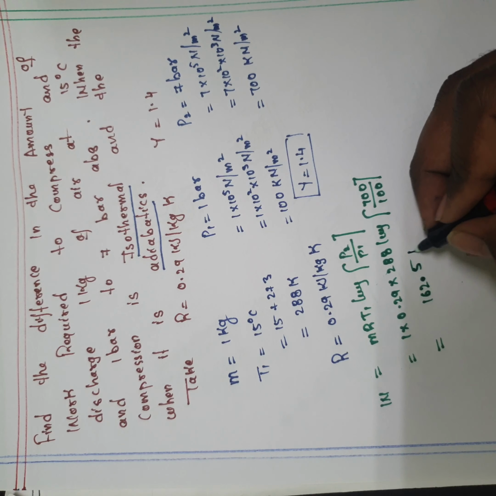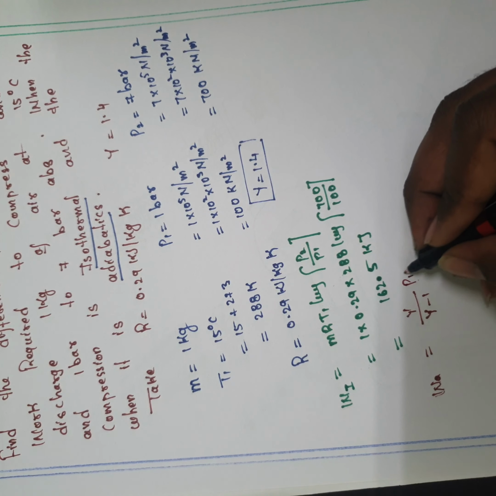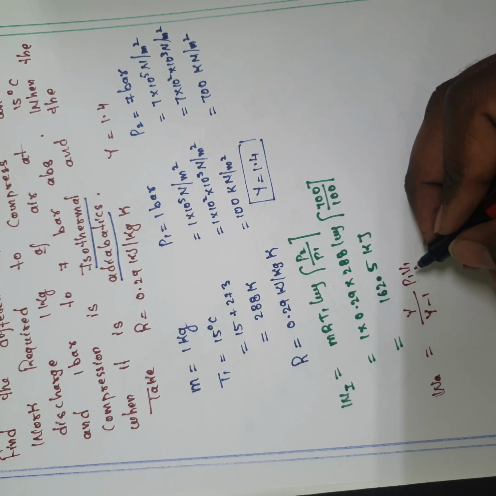For adiabatic work done, the formula is gamma by gamma minus 1 times P1 V1, times P2 by P1 raised to gamma minus 1 by gamma, minus 1.